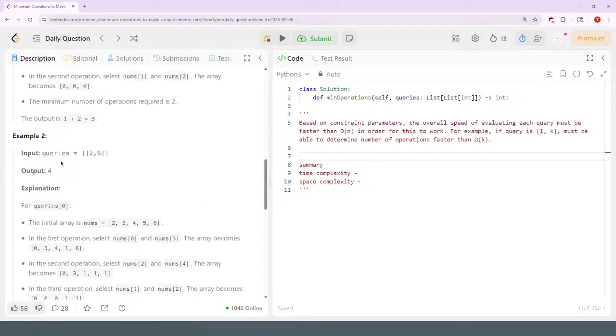So how to determine? Let's say I have a query that is 100 to 1,000. How many operations are necessary without using a loop?